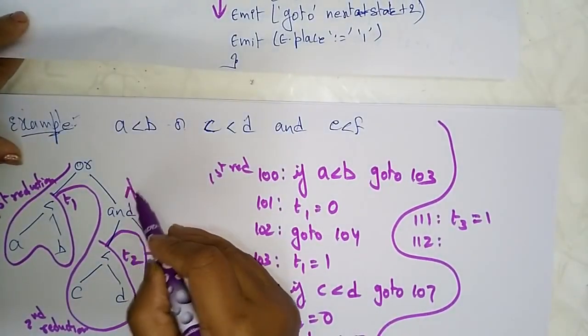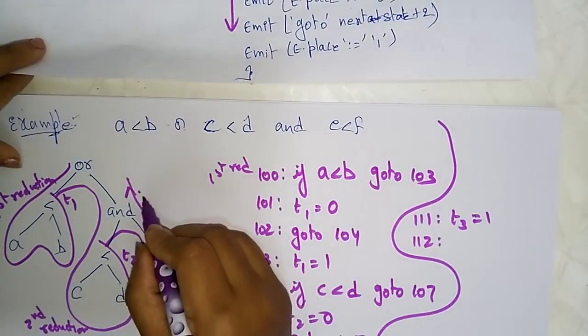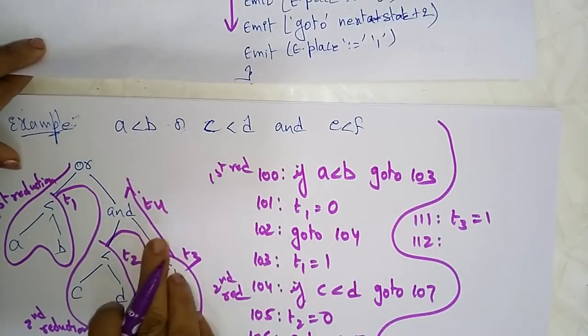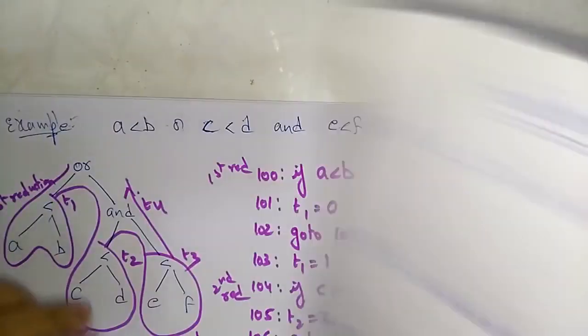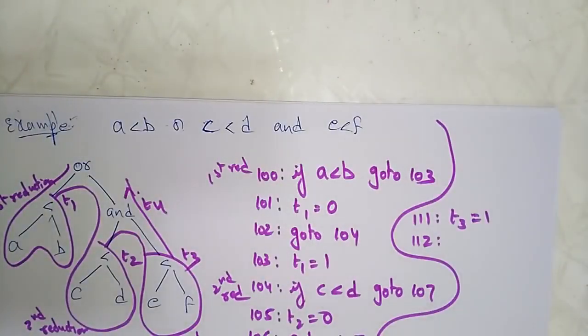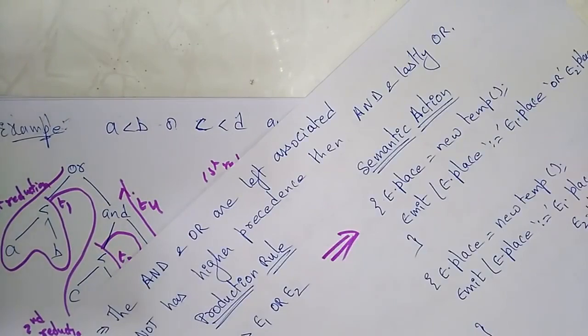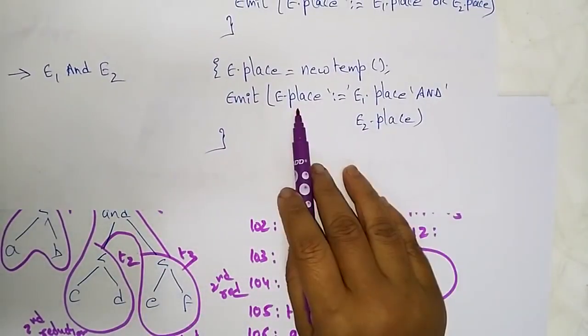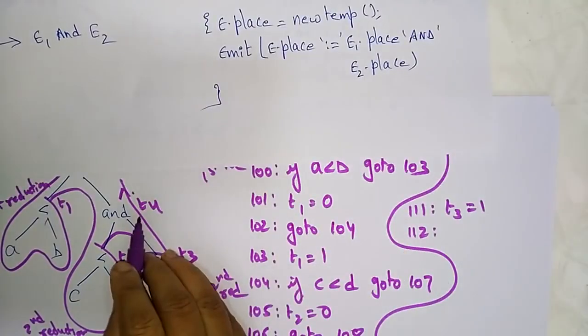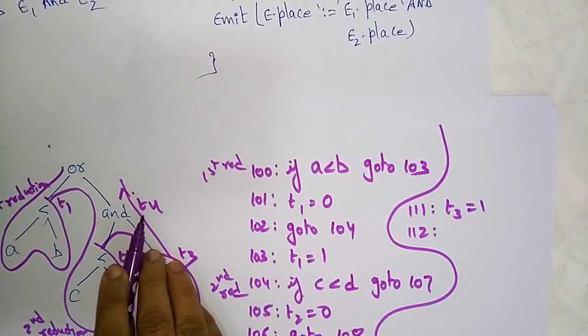Coming to here, let's take this as T4. The T4 AND operation means E1 and E2. What is the action for E1 and E2? Let me show you the action for E1 and E2. You have to take a temporary variable; I am taking the temporary variable as T4.